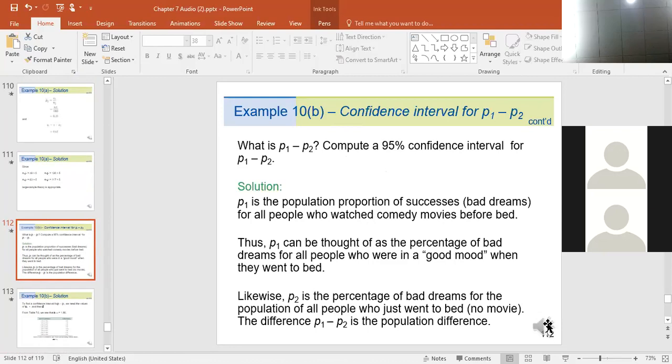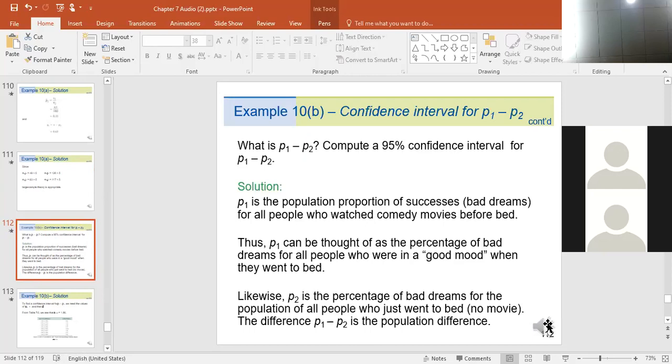Can you use your calculator? Start, test, 2 sample Z proportion, 2 proportion Z interval, or something like that. I want you to get used to doing it on your own. You will see interval. When you see 2 and interval, that's the right one.